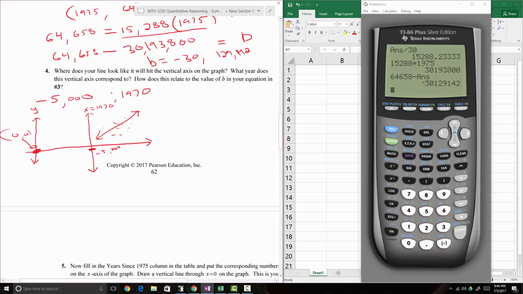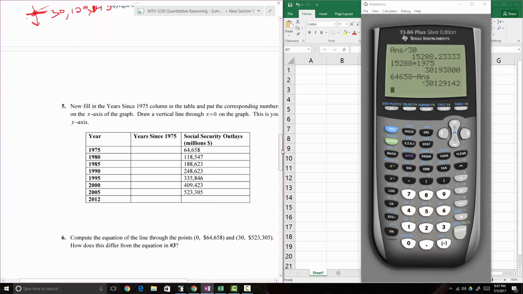The y-intercept b corresponds to where this line hits the y-axis over here, which we found to be this 30 million number. So it's important to note that that's not really the y-axis. That was the big thing from that question.